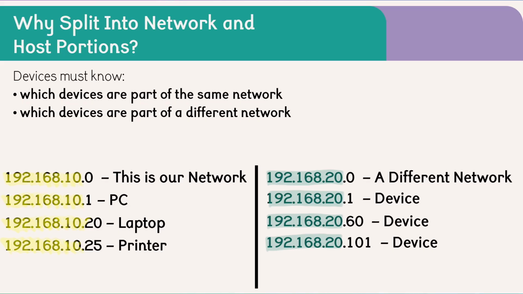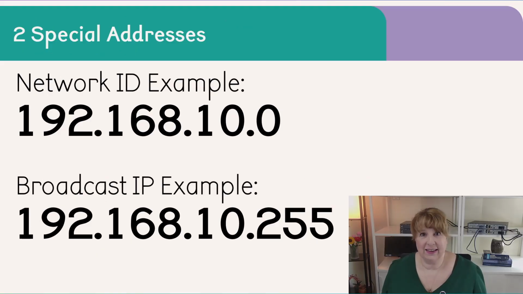The devices within the 192.168.20.0 network can communicate with each other. But these devices that are on different networks cannot communicate with each other unless we add a special device, which is a router.